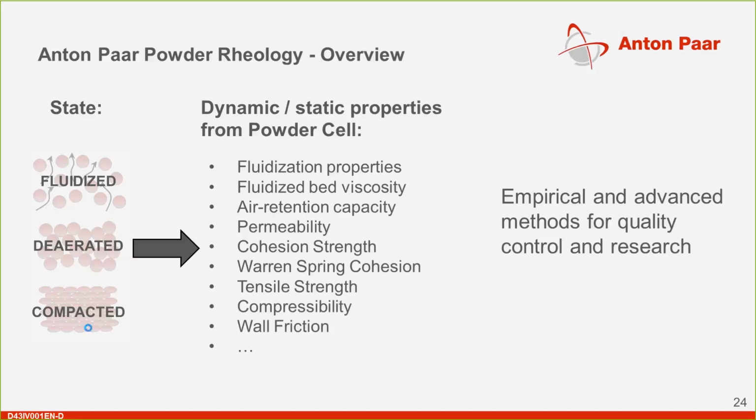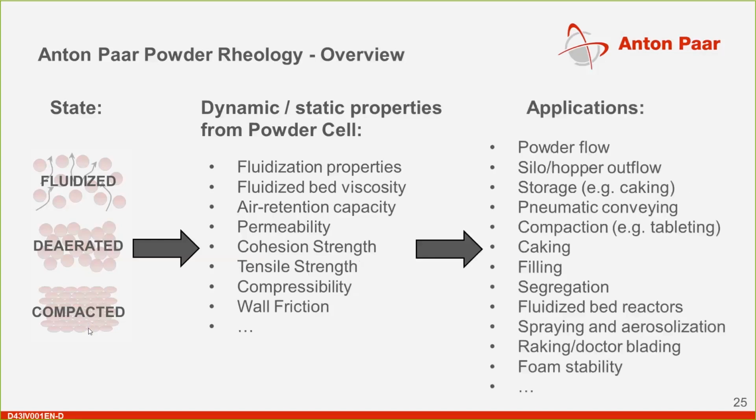The application for this is actually quite a large range as well. So we can see here, for example, these properties and these empirical as well as qualitative or advanced results, let's say, can be used to, for example, study powder flow, to optimize silo and hopper outflow by looking at, for example, the wall friction.